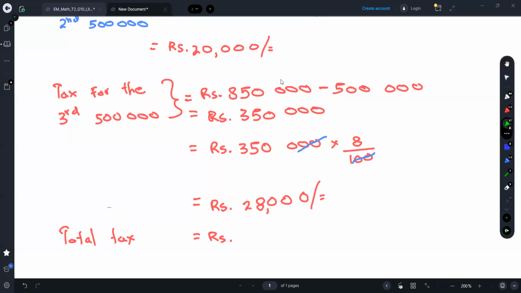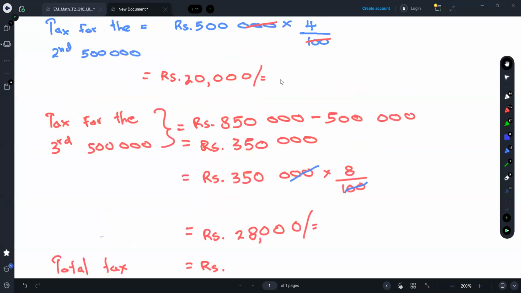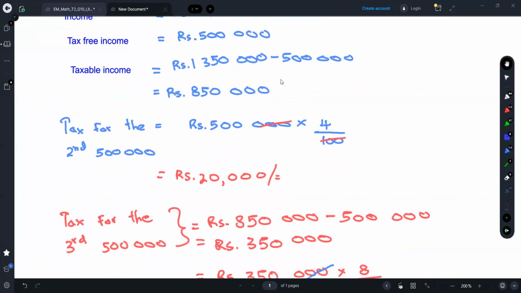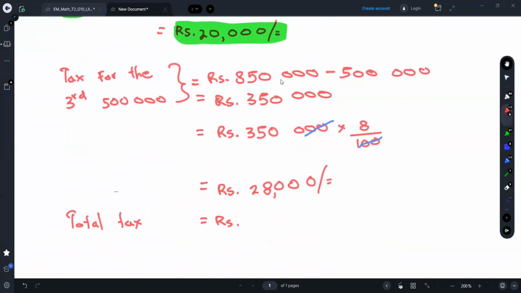Now, first 500,000 is free. Tax for the second 500,000 is 20,000. And the next 500,000 it is, sorry, 28,000.